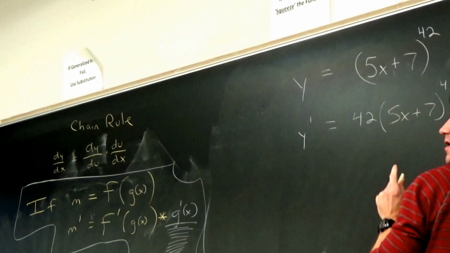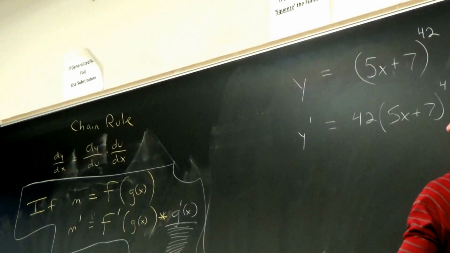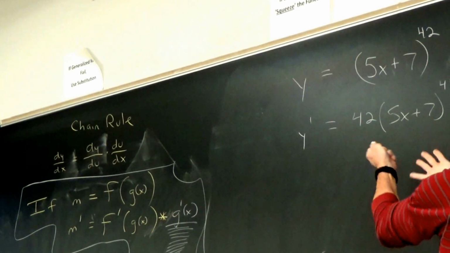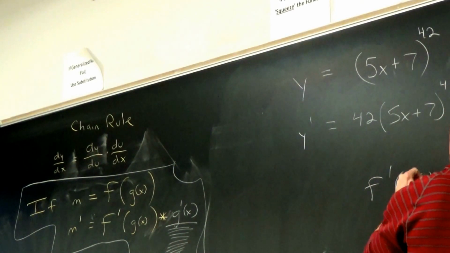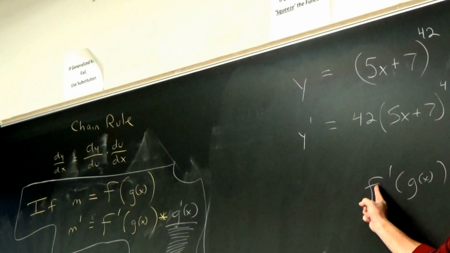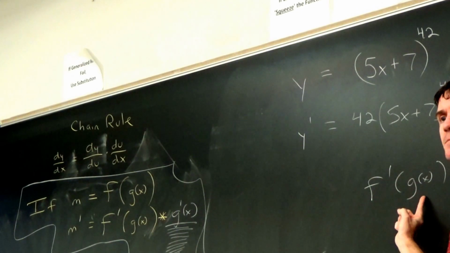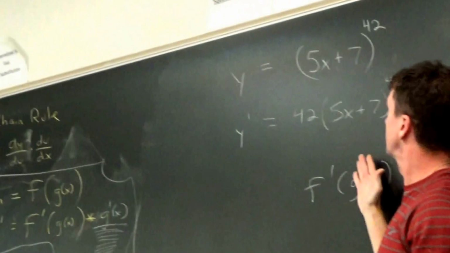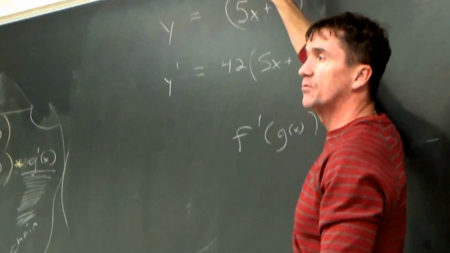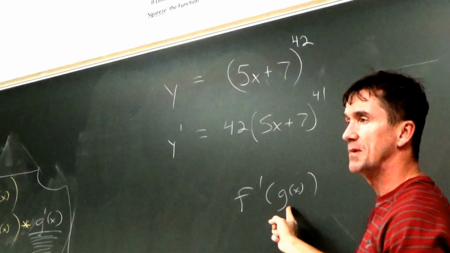I'm just going to stop right now here, Josephine. What have I done so far? I have done this. That's what I've done. I took the derivative of f, and then I put g back in. That's what that means. I took the derivative of f. What was that? f was like a u to the 42. I took the derivative, and I put the g back in there.